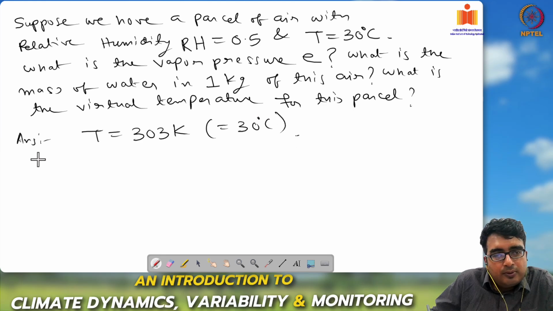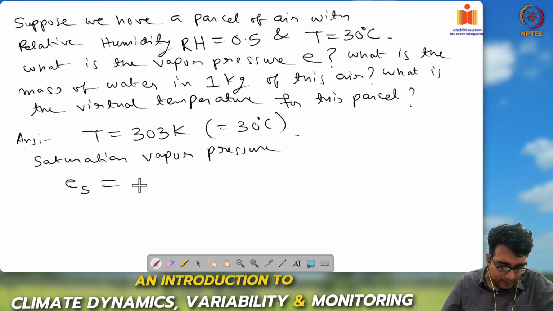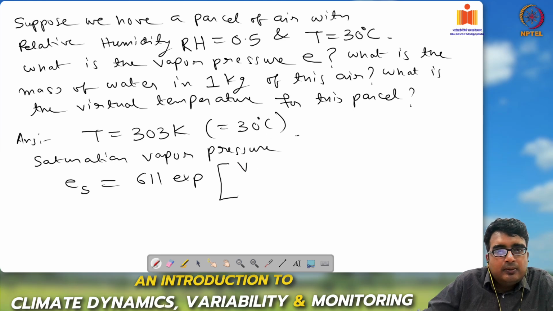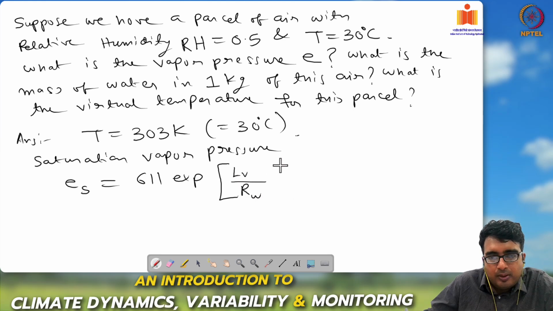Okay. So saturation vapor pressure ES is equal to 611 exponential LV by R of water into 1 by 273 minus 1 by 303.